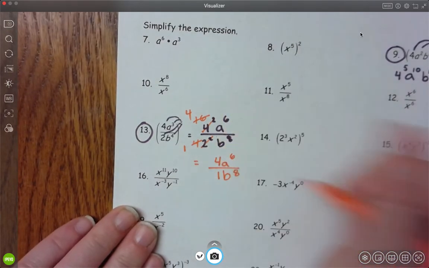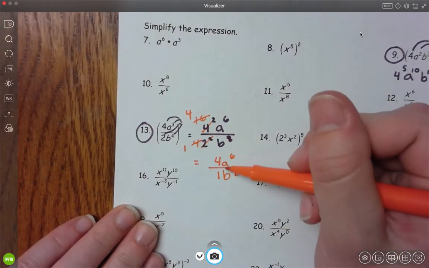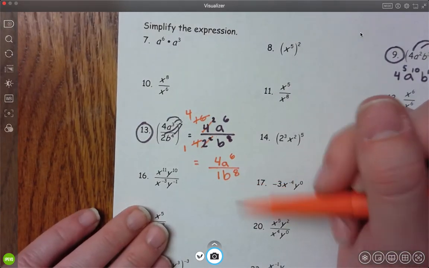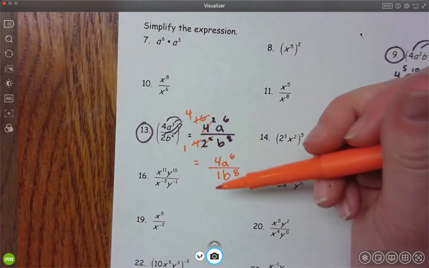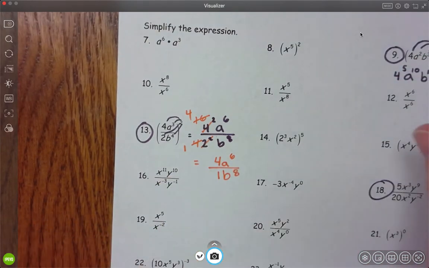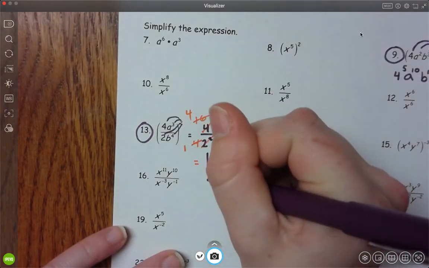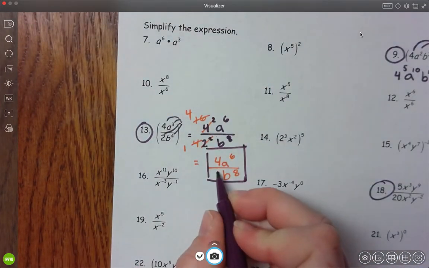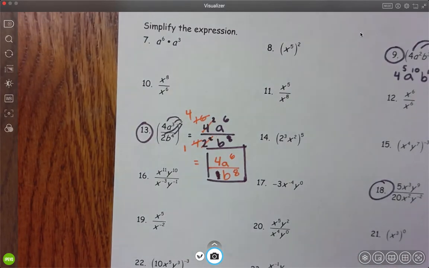Okay. Now, if I had A's on the top and A's on the bottom, I would combine my A's. And same thing with B. If I had a B on the top and a B on the bottom, I would combine my B's. But at this point, I don't, so I can just leave my answer like this. Now, I don't necessarily have to have this 1 here, so if you don't want to put that 1 in front of there, it can just be 4a to the 6th over b to the 8th, and that's how you would leave your answer. Okay?